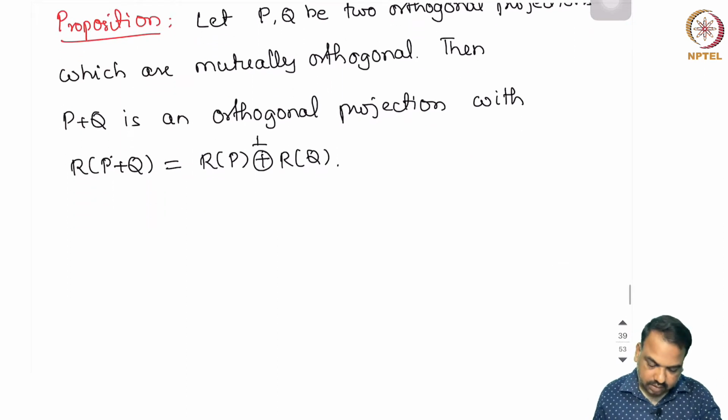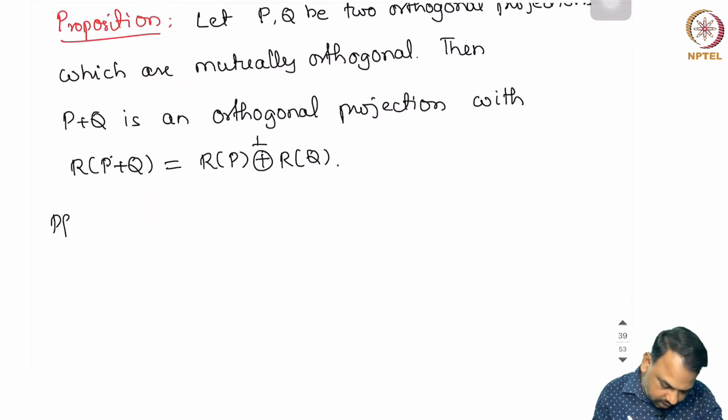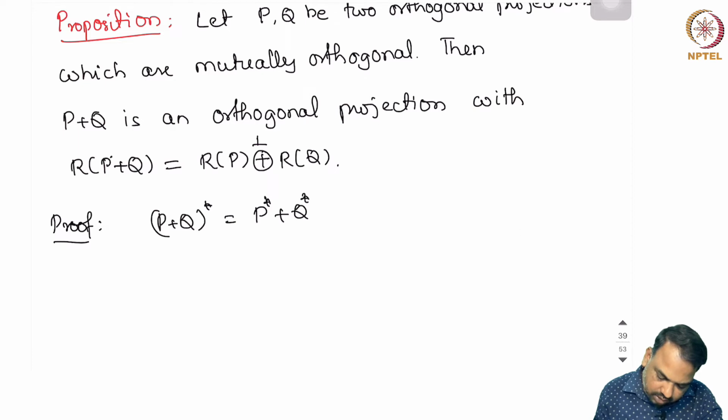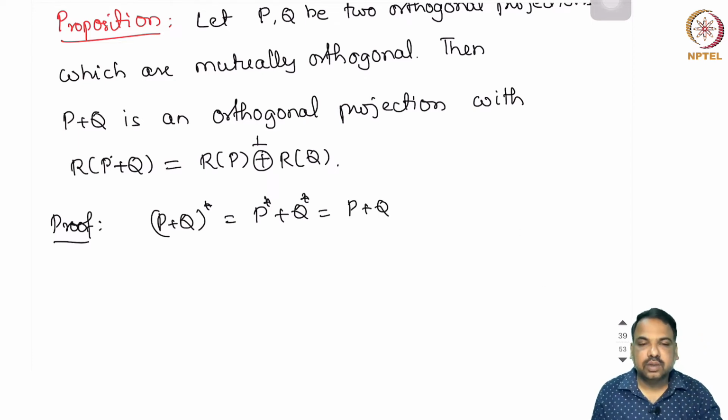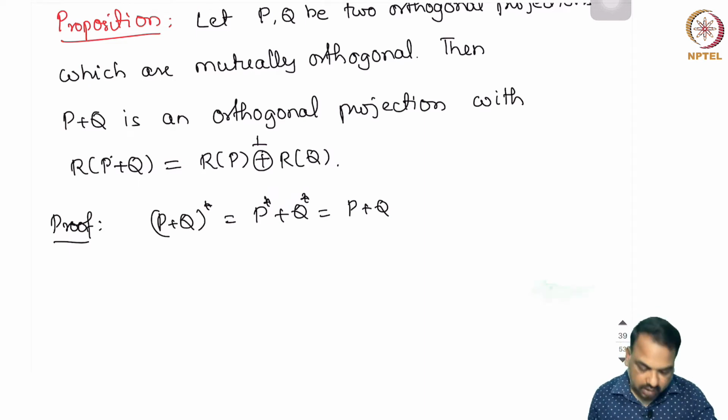Okay. So to show that it is an orthogonal projection, it is easy. P plus Q star is P star plus Q star, that equals to P plus Q, because P and Q are self adjoint because they are orthogonal.